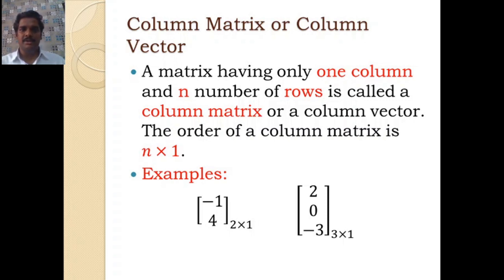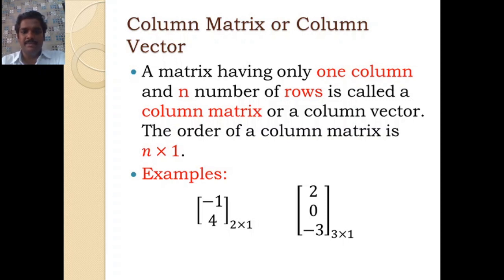You should have only one column, but multiple rows are fine. So you should have only one column and you can have n number of rows. As you see in the definition, there is one column and n rows. So number of rows becomes n and number of columns becomes 1. The order of such matrix becomes n by 1.